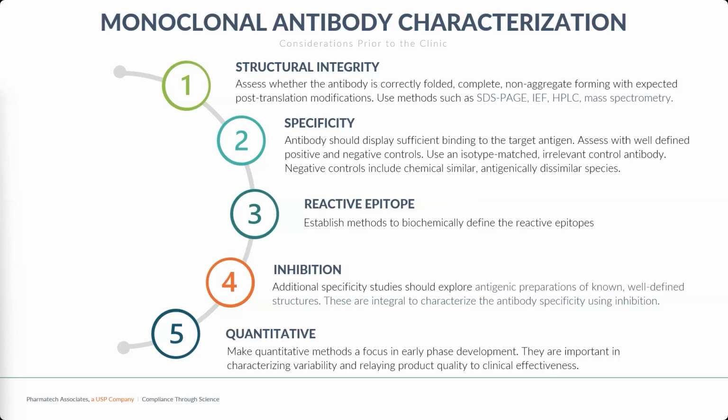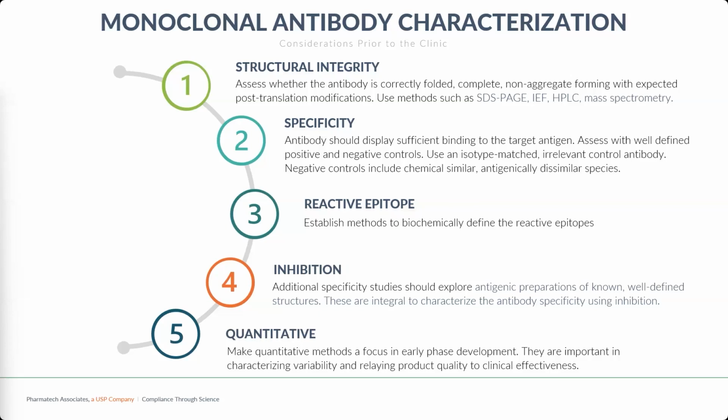Now, there are a number of instruments that you can use, obviously, and there isn't really a specific outline about what instrumentation or what techniques you specifically have to use. However, following best practices would include structural integrity, migration patterns on acrylamide gels, the molecular mass, its proteomic identification, and assays in terms of specificity with respect to: does the antibody bind to its target antigen as effectively and identically, or at least as close as possible, to the original reference compound?